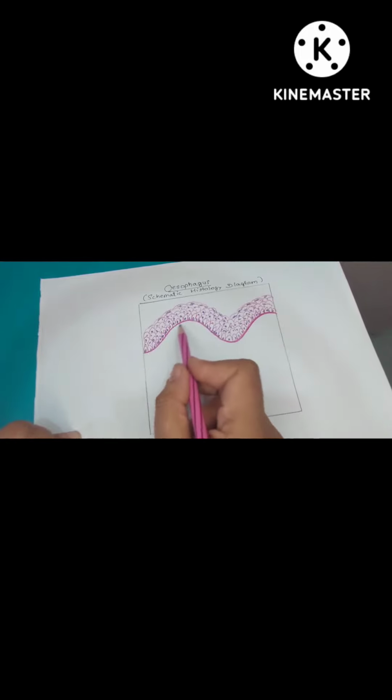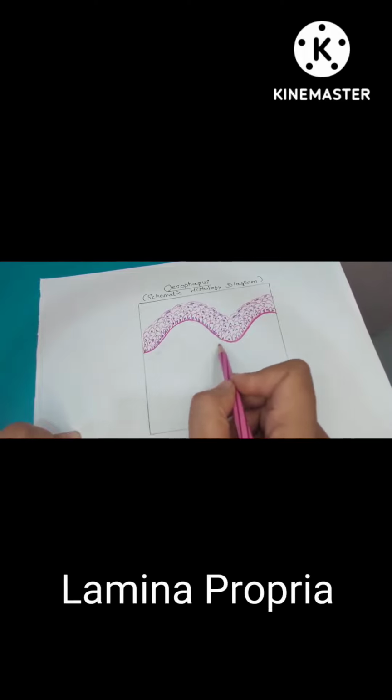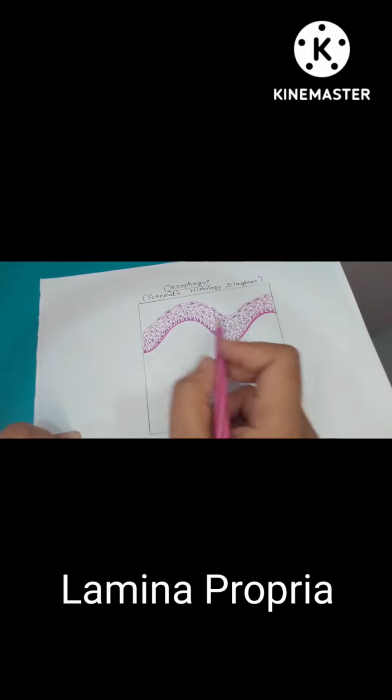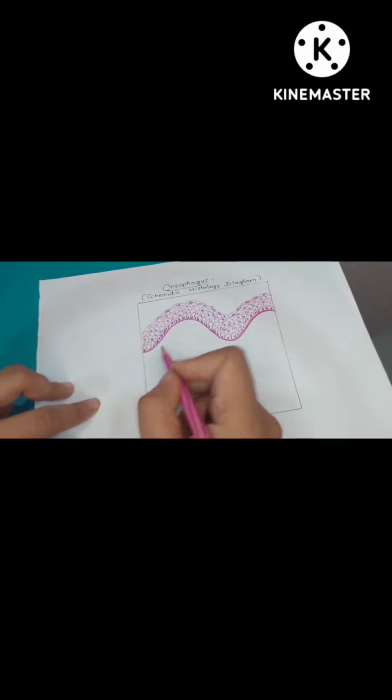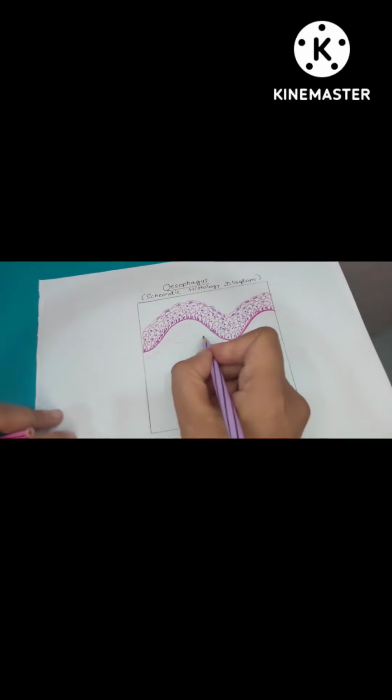These are the connective tissue papillae of the lamina propria. This lamina propria also shows some of the lymphoid aggregates.